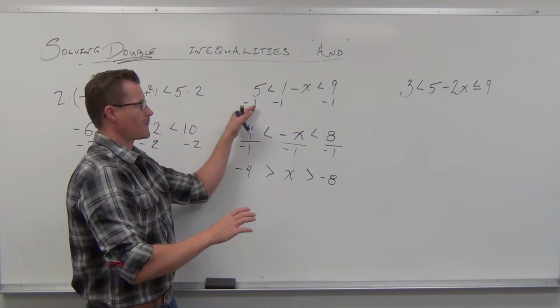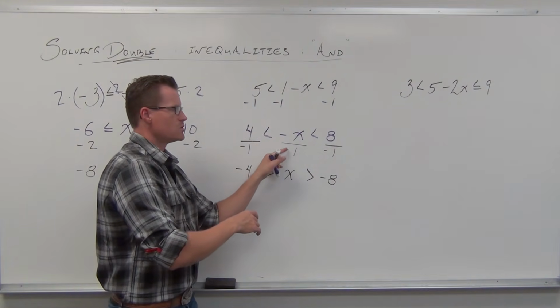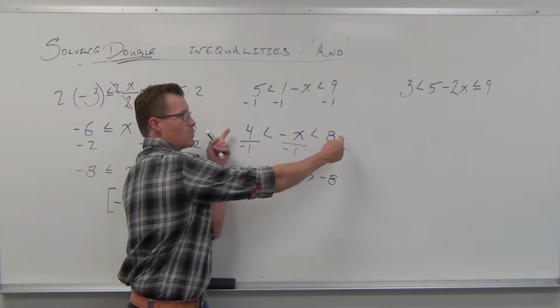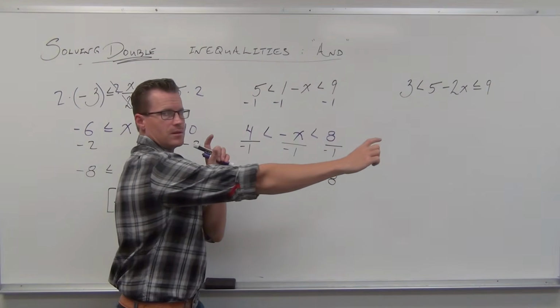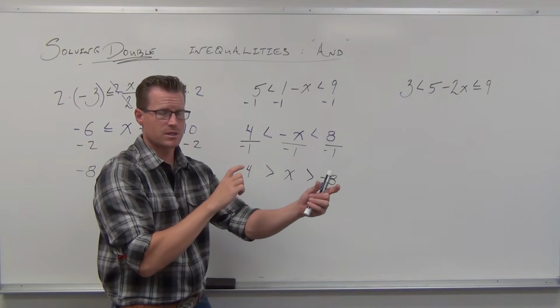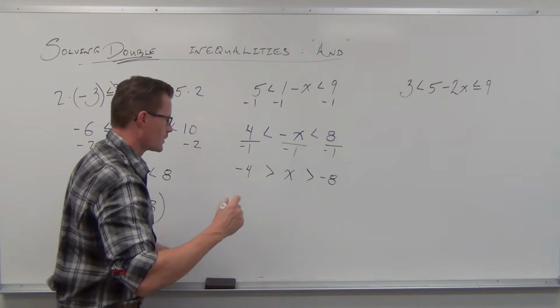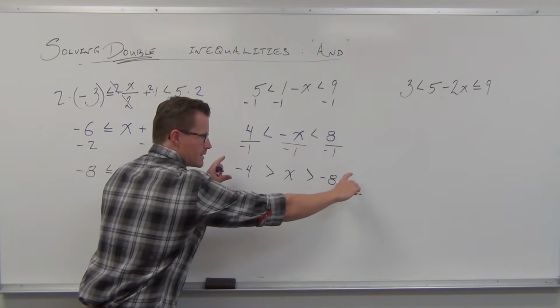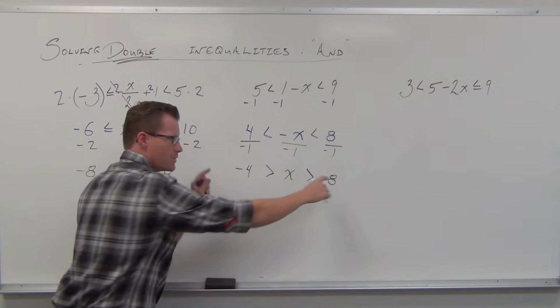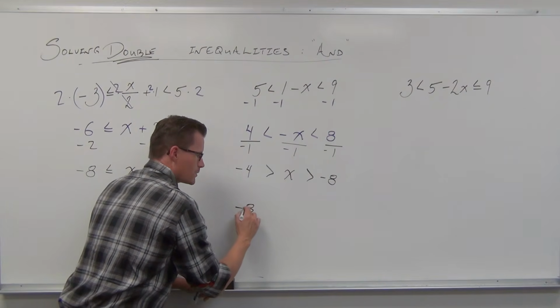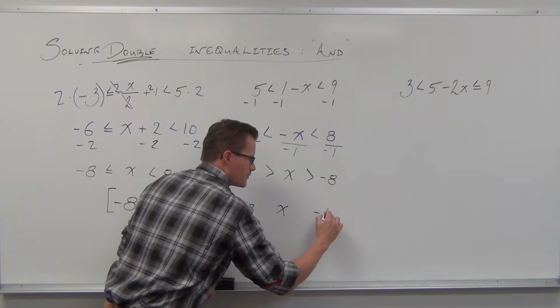So one more time. Subtract 1, cool. As soon as you divide a double inequality, which originally is in order, that divided by a negative will put this inequality out of order. So we're going to fix it. Take the entire thing off the board, reverse it. So -8 goes here, sure. X goes here, -4 goes here.